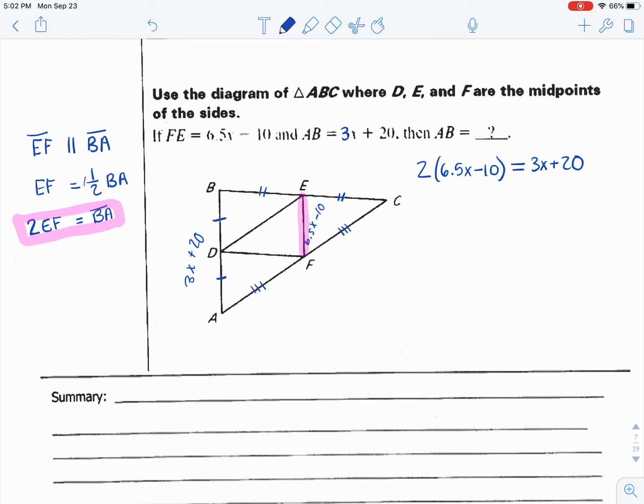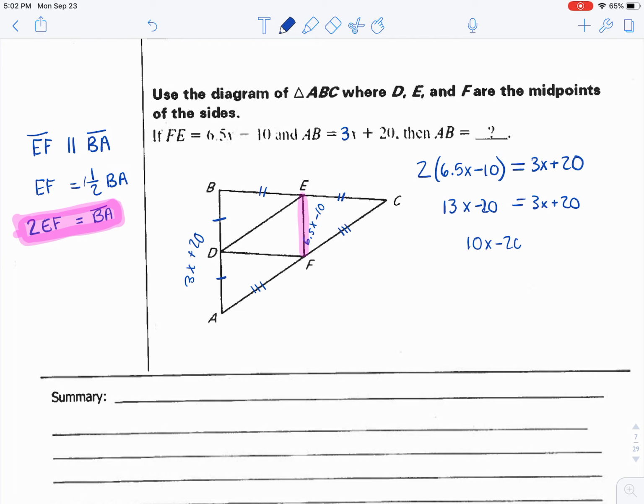So we've set it up using this property, using the theorem. Now that we've set it up, let's go ahead and solve for x. I have to distribute that 2. When we distribute the 2, we end up with 13x minus 20 equals 3x plus 20.